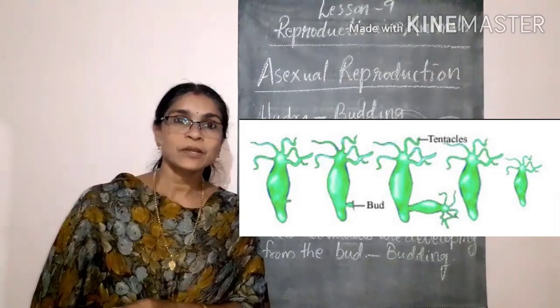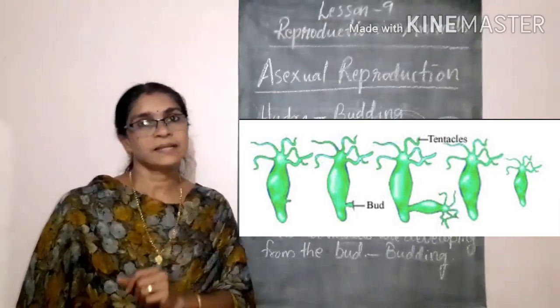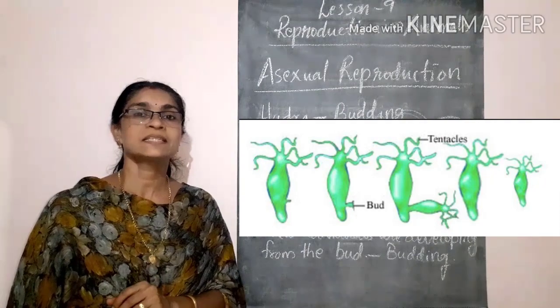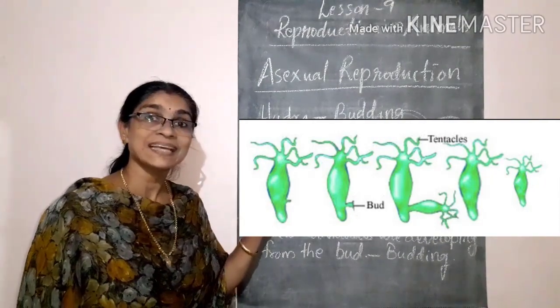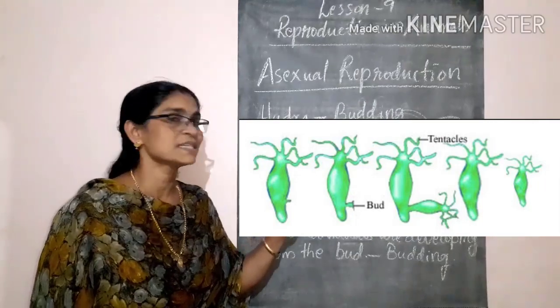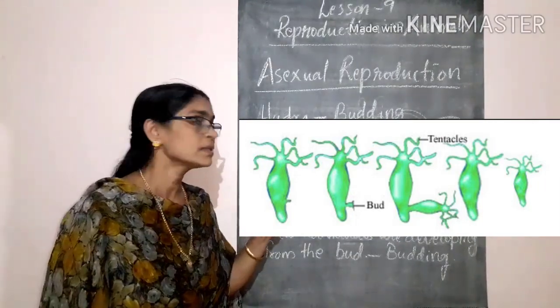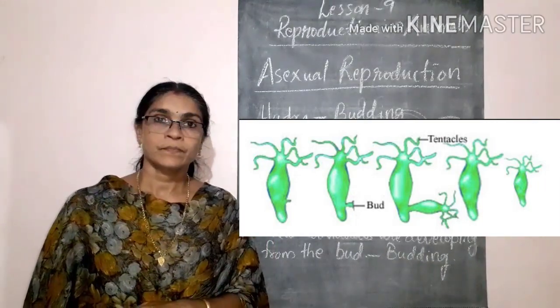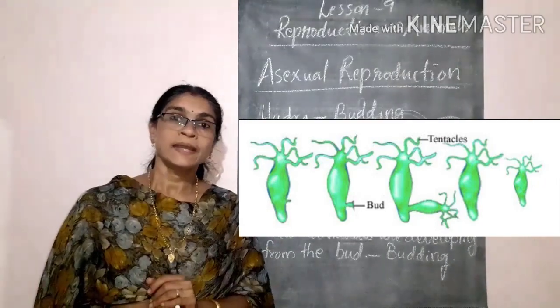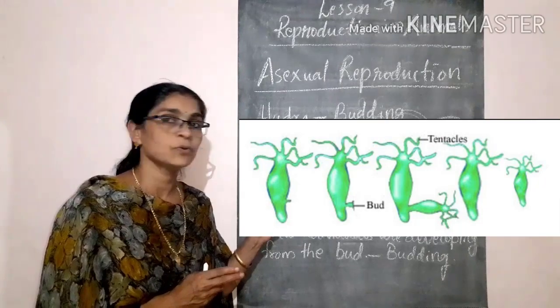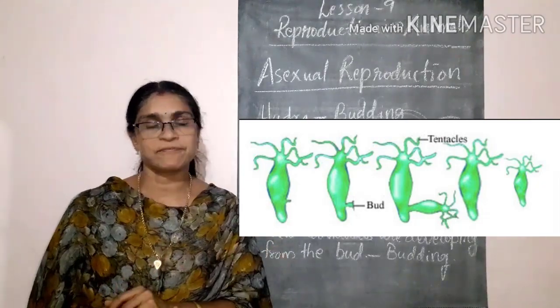What is the type of reproduction in Hydra? Budding. That means new individuals or young ones of Hydra develop from these bulges which we can see on their body. When the bulge grows fully, it detaches from the mother body and leads a new life.